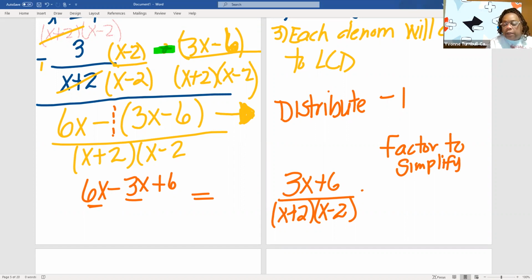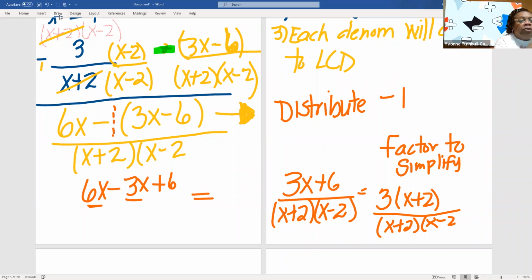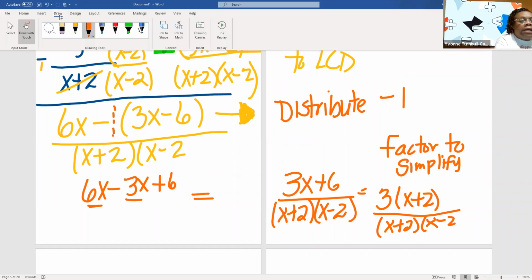If I look at my numerator, I can factor out a 3. I'm going to pull out a 3. Let me write my denominator first: x plus 2, x minus 2. So I'm going to pull out a 3, leaving me x plus 2. I now have factors in my numerator, and because I have factors, I am able to cancel.